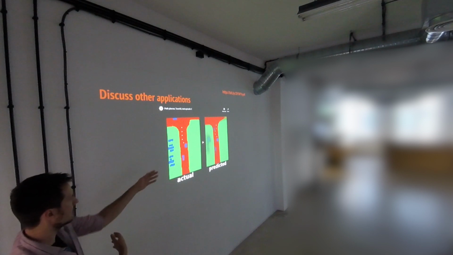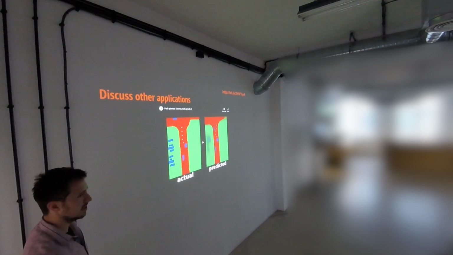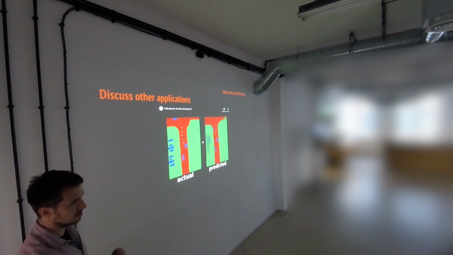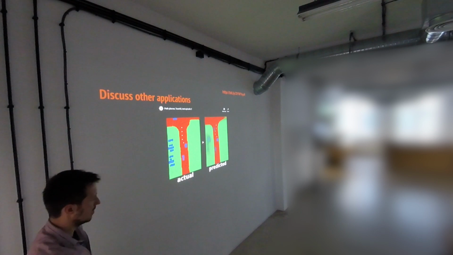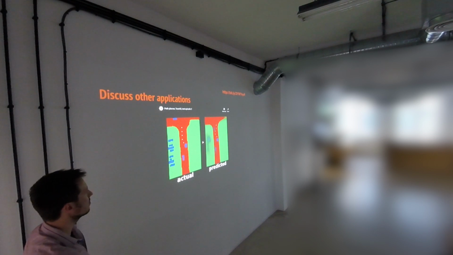You follow the waypoints, and the parameters of the MPC might be tuned according to the rewards that you get from driving and following those waypoints. So a reinforcement learning algorithm would be a good application.